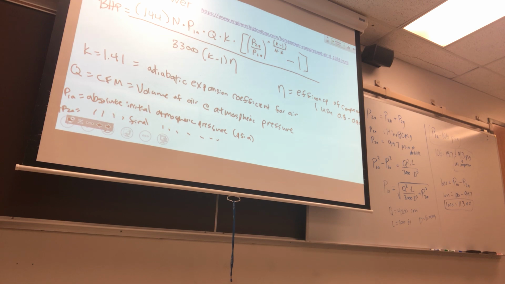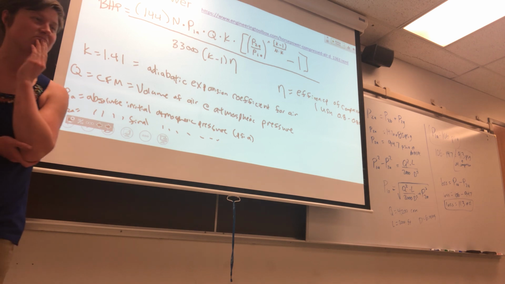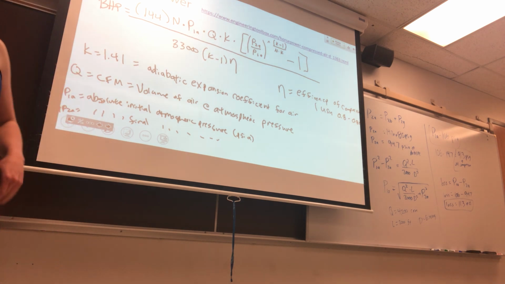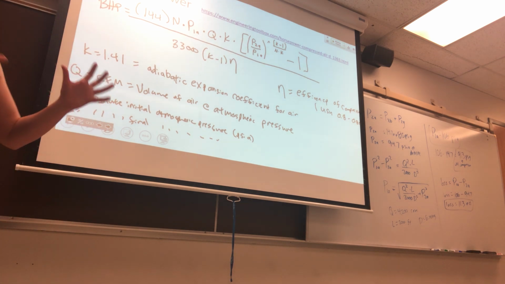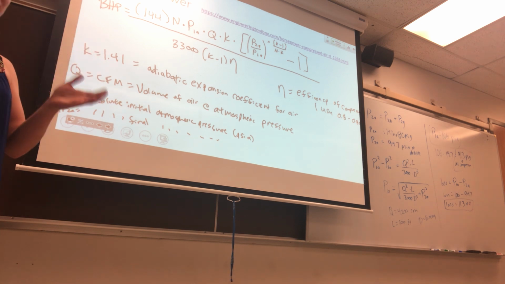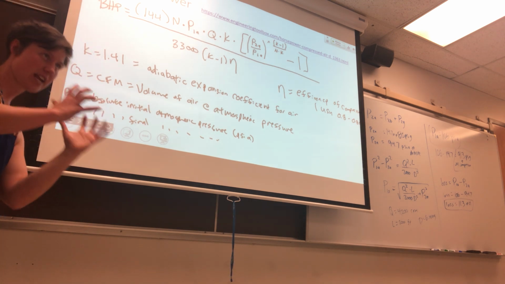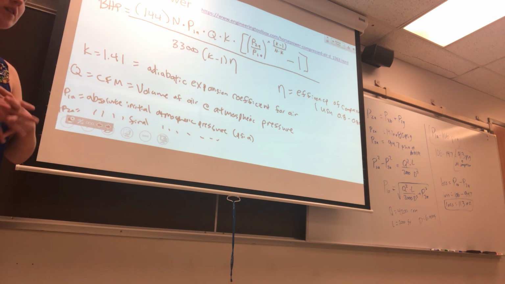Okay, another variable. What do we got left? I think it's big N. Big N. What is big N? It's like the number of something. Yes, it's the number of compression stages. So in different air compressors, you can have different stages to get more compression.